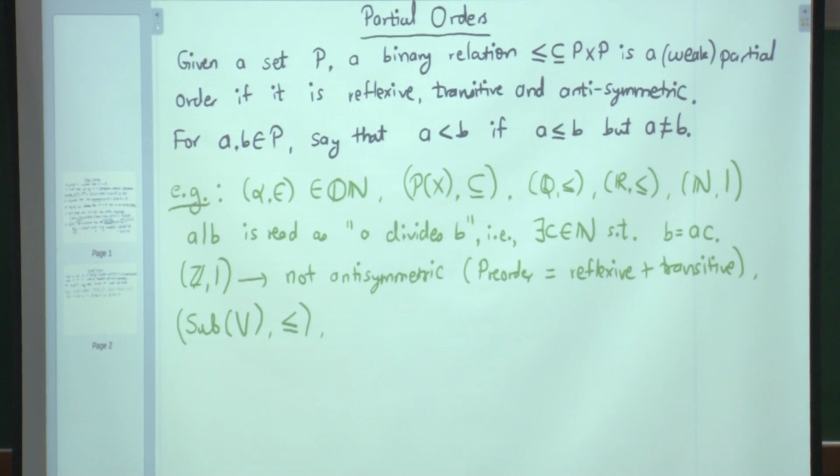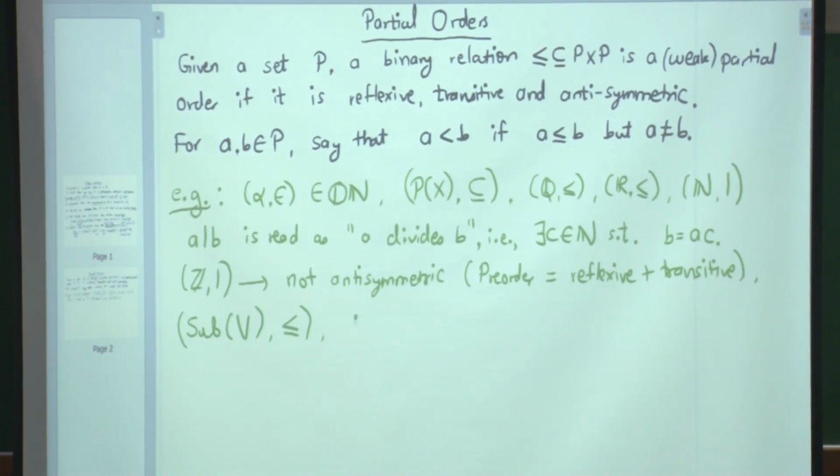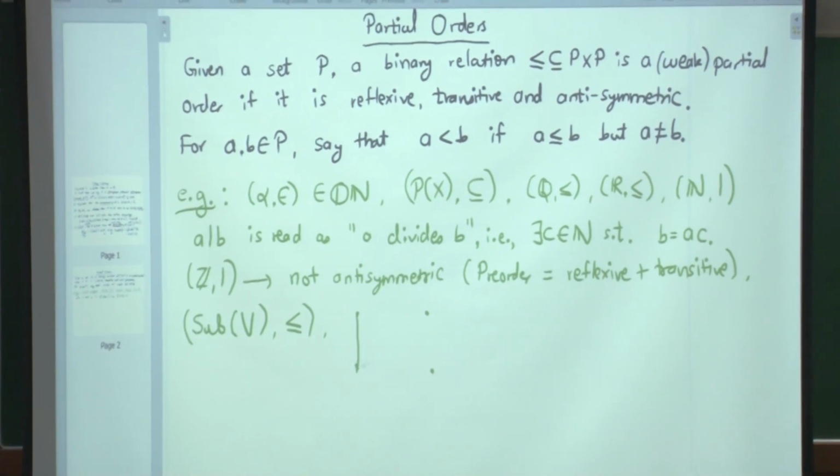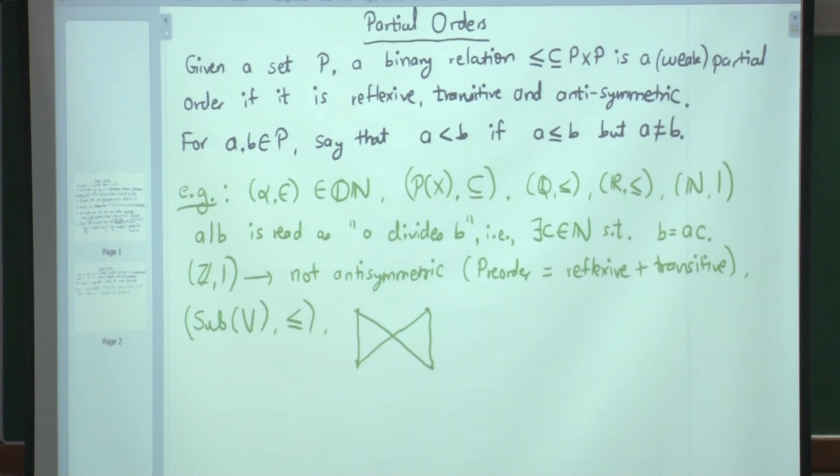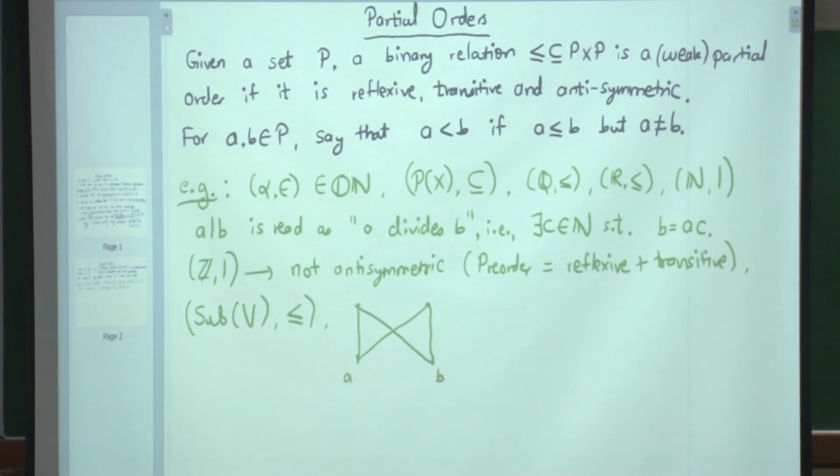Then if I draw something like this, these 4 elements, and they are related like this: A, B, C, D. Is this a partial order? Whenever I draw this, you should first ask me the question, what does this mean?